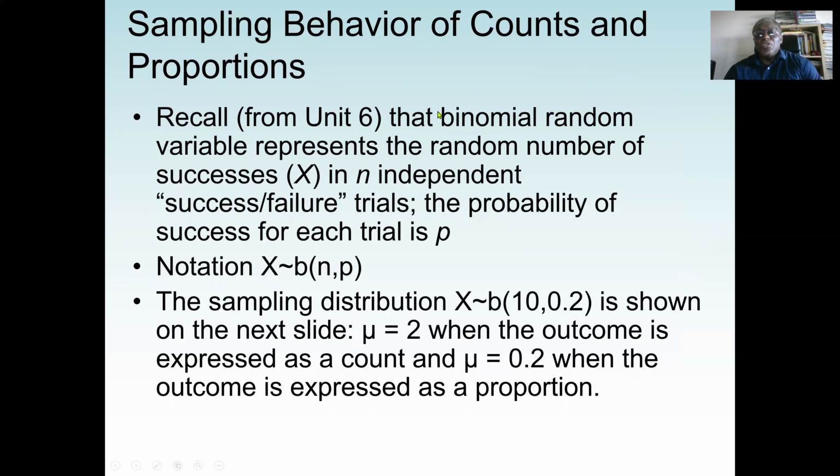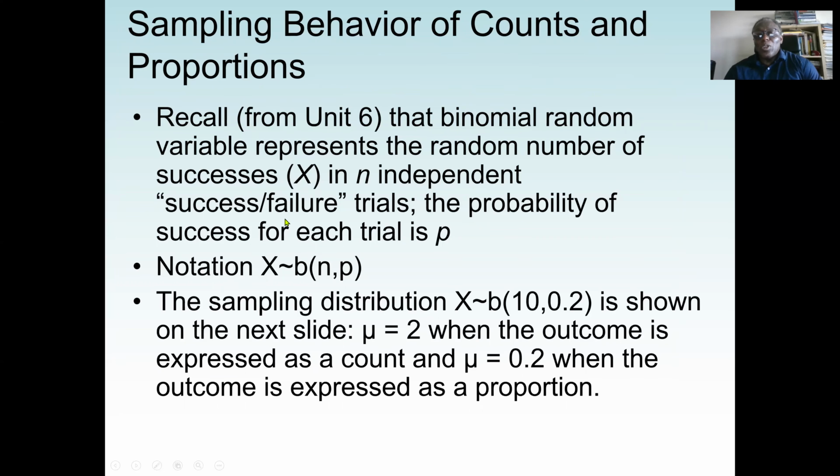So, sample behavior of a count and proportion. We can recall from unit 6 that a binomial random variable represents the random number of successes X in n independent tries.